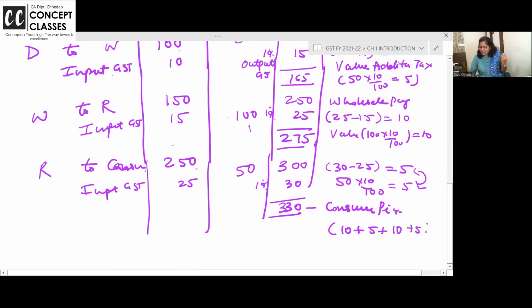Retailer is paying 5 rupees. So 10 plus 5 is 15, 15 plus 5 is 20, 20 plus 10 is 30. 30 rupees tax is going to government from different people. That is why GST is multi-point taxation, one of its features.